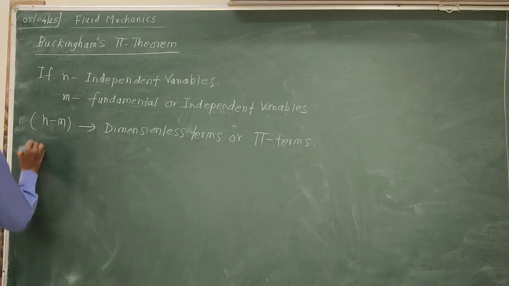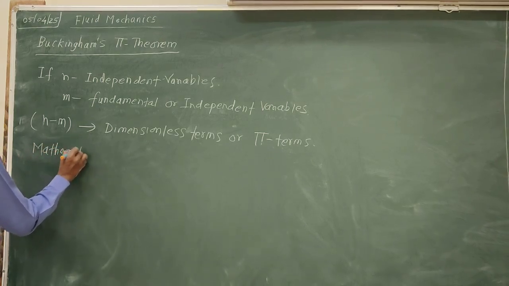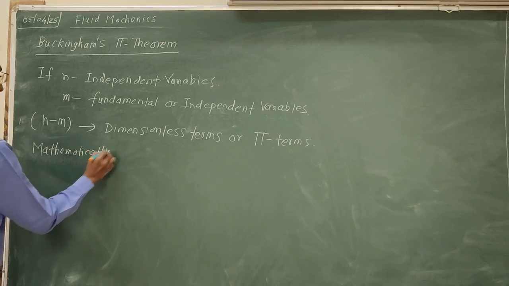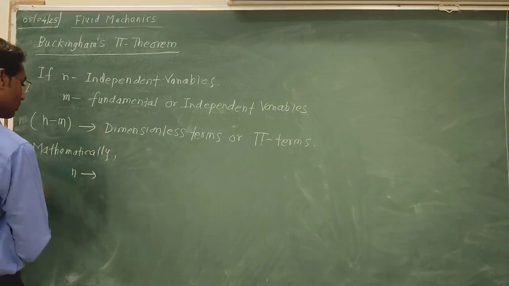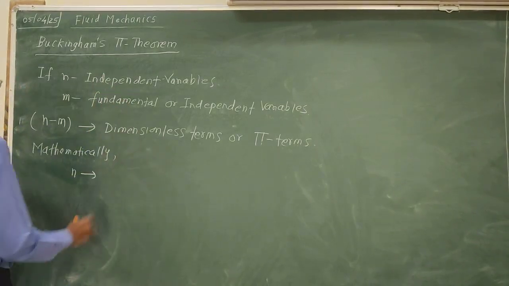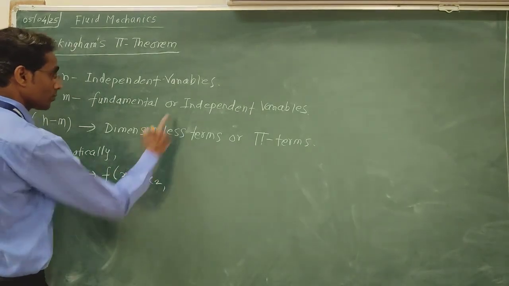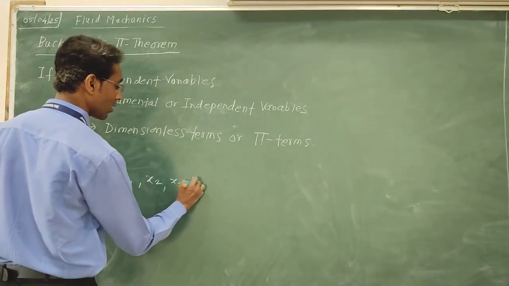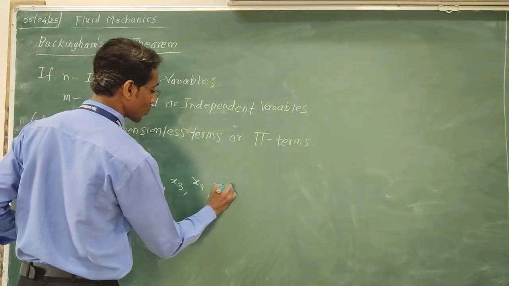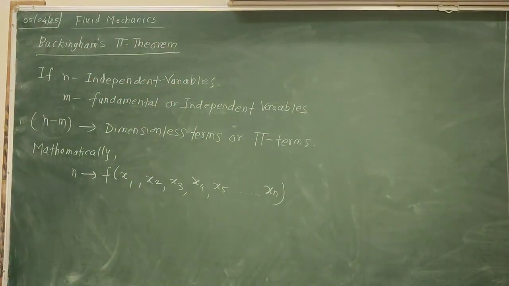Mathematically, how is it written? Mathematically, write down. For example, if the variable is a function of some quantities x1, x2, x3, x4, x5, up to xn.